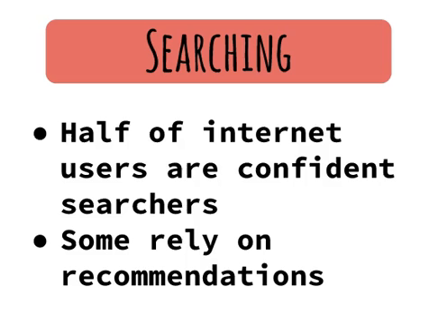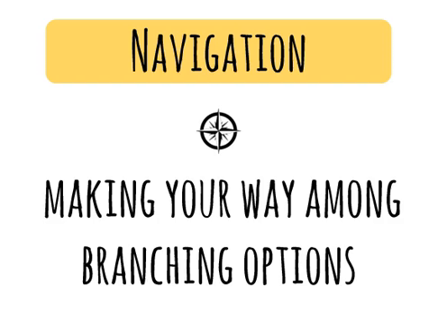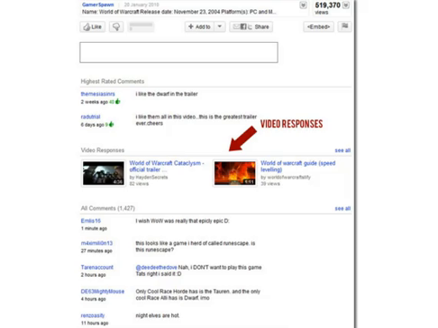Now in the next competency, navigation, we have a little bit more to work with. Navigation means making your way among branching options, which we do constantly, essentially every time we click on anything, anywhere on the internet. In terms of YouTube, there are two particular features that have been studied that will show us how this works.